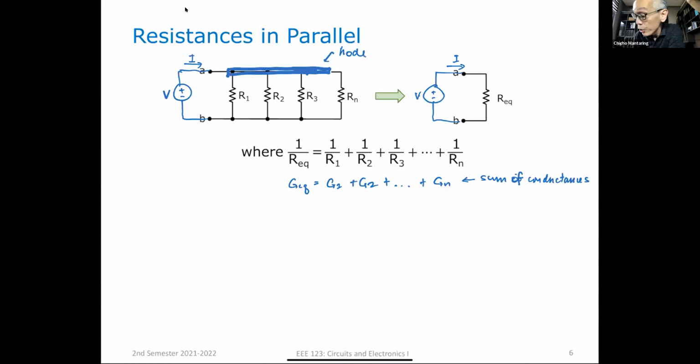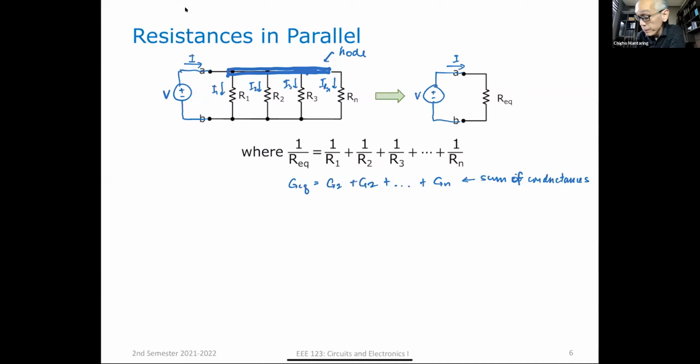Okay, so you're using Kirchhoff's current law. This current I is equal to I1 plus I2 plus I3 all the way to plus IRn.